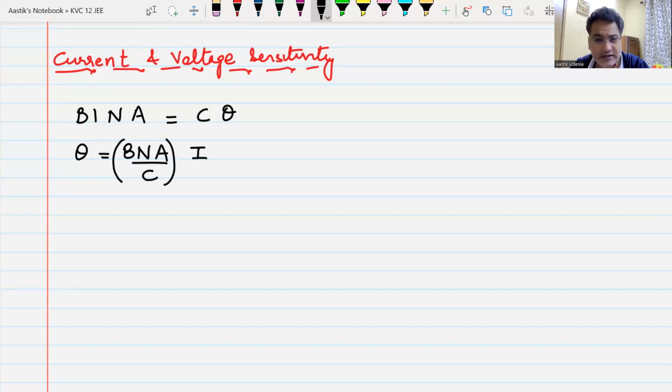Now this B, N, A and C are constants. What is this B, N, A and C? And we will get to know them in the next chapter, magnetic field. B is the magnetic field.